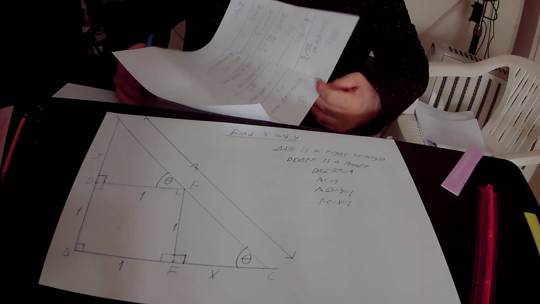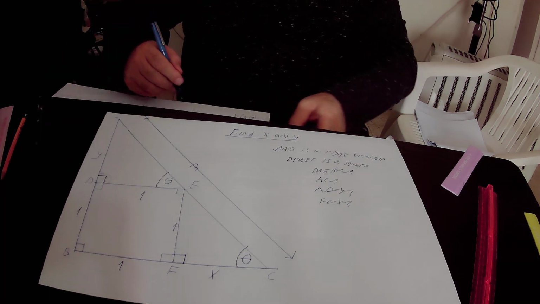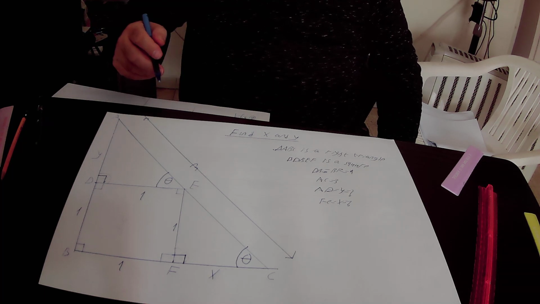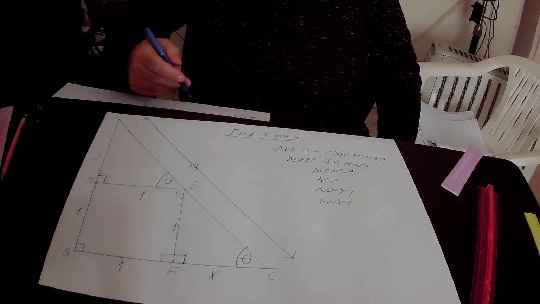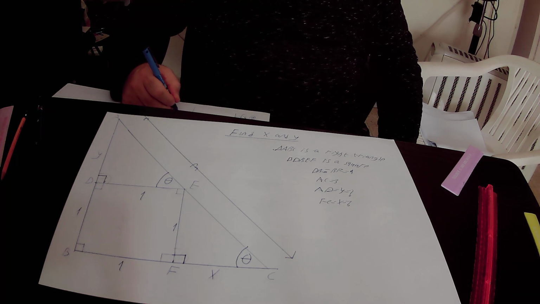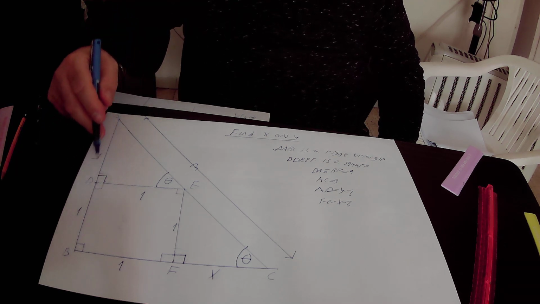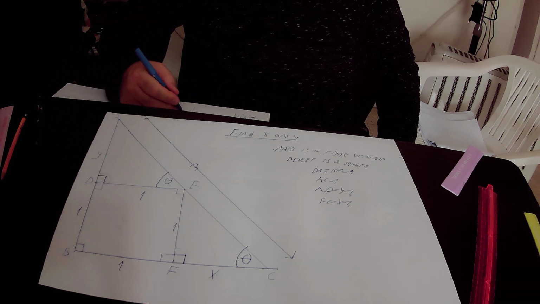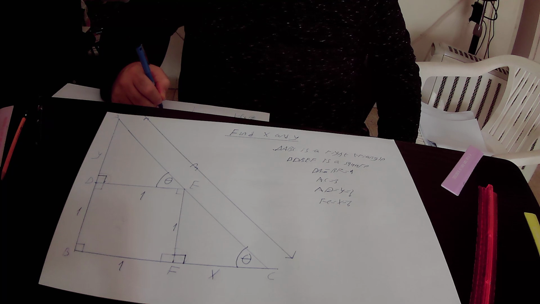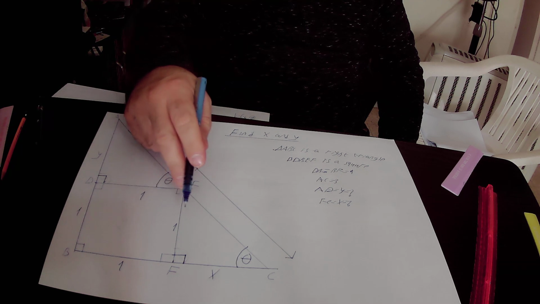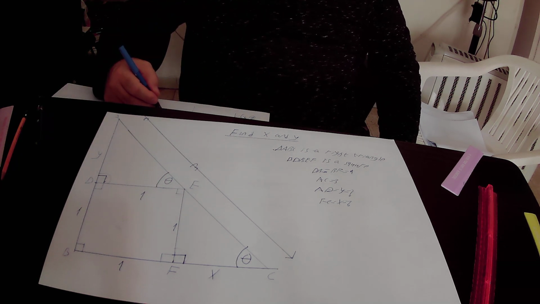So according to equation number 4, AC is 3 units, so AC squared is 3 squared, which is 9. And it equals AB squared. AB is 1 plus y, so AB squared is y plus 1 squared. Plus BC squared. BC equals x plus 1, so BC squared equals x plus 1 squared.